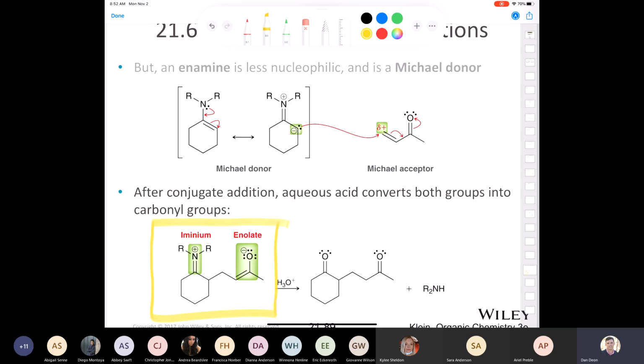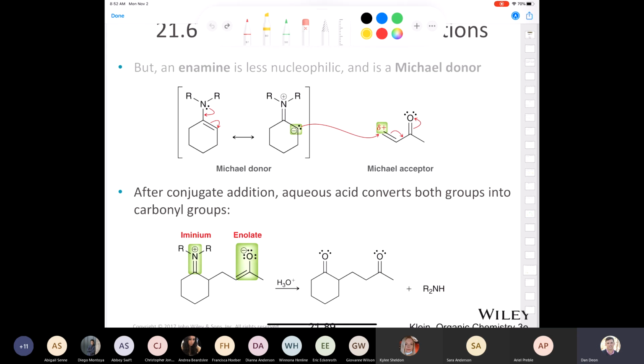When you treat that with aqueous acid, it removes this and this, and you end up with a ketone in both places. We already looked at the conversion of an enolate to an enol and then tautomerization, but the aminium is just going to get hydrolyzed to the ketone. And that's the last step of the Stork enamine synthesis.